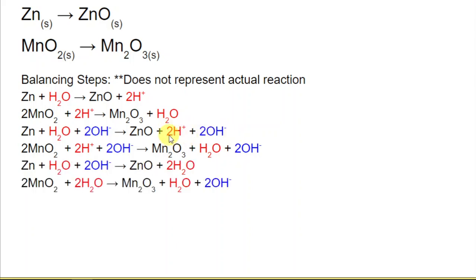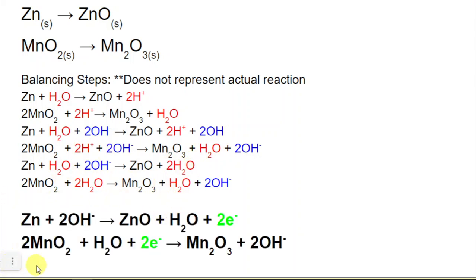We combine the hydrogens and hydroxides on both sides to form water as part of our step. Again, this is not the actual reaction. We're just using this to help balance the reaction. And then we can cancel on both sides the water, and we get the final reaction right here. We add the electrons on both sides. So note that there are 2 electrons in both of the half reactions, so we do not need to multiply by any coefficients when applying the full reaction.